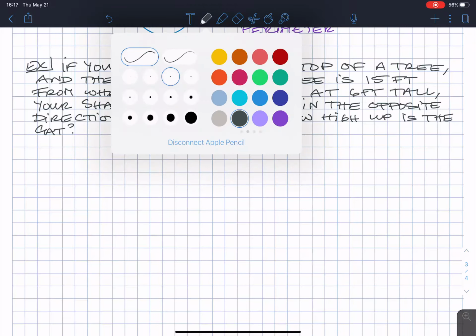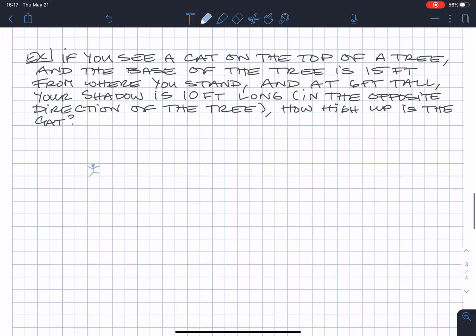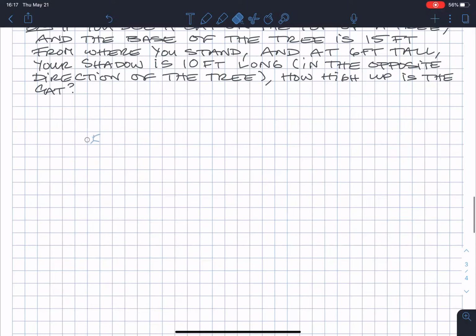Okay, so what do we know? We are standing somewhere here. Oh, terrible stick figure. Let me see if I can draw it a bit better. So we're standing somewhere here. And let me make myself a bit taller. Okay, and I'm 6 feet tall. And what do I know? I know that the tree is 15 feet away. And I know that my shadow is 10 feet.